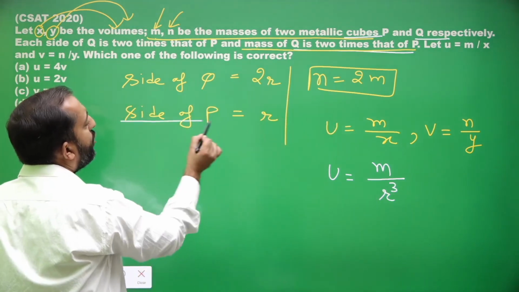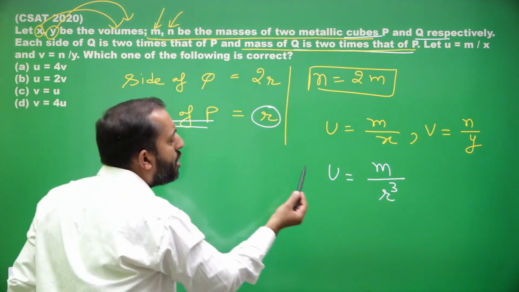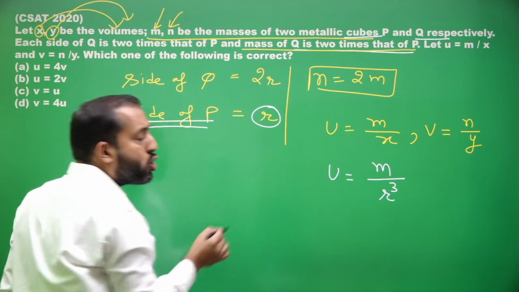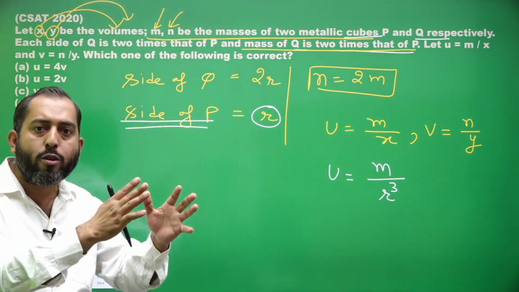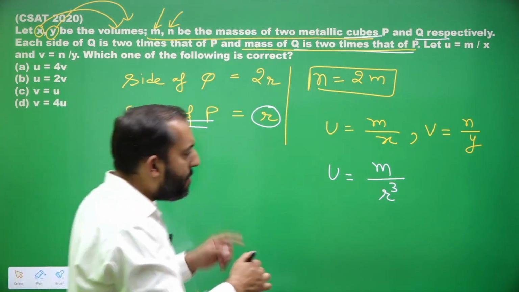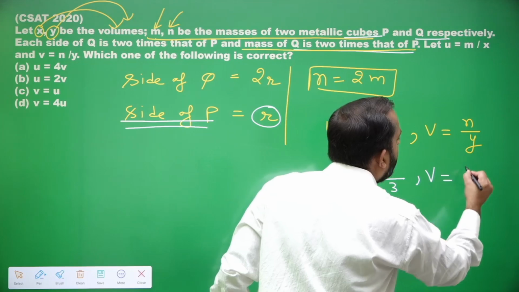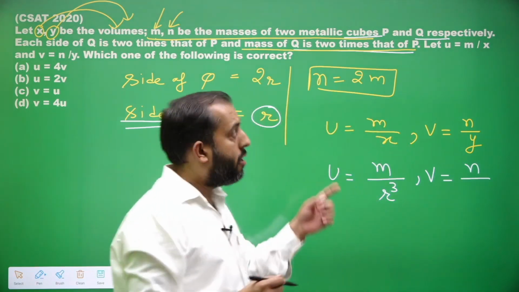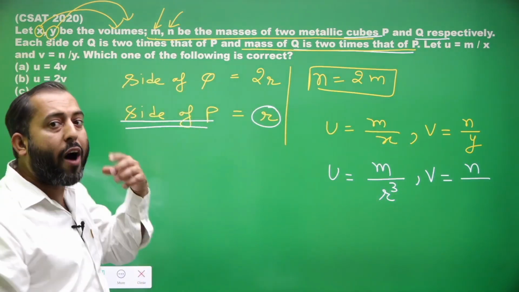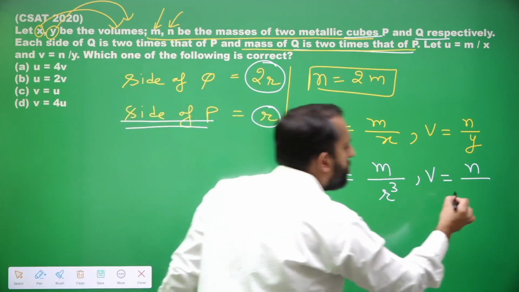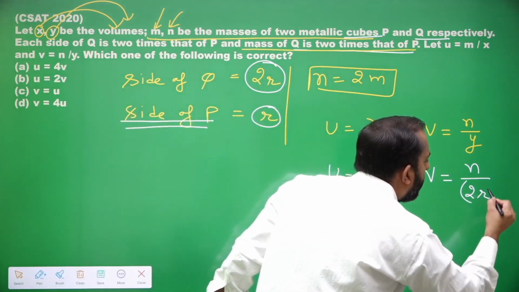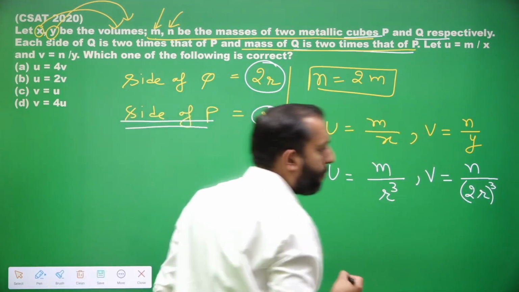Side of P is R, so volume of P, which is X, should be R cube. Volume of any cube is always equal to cube of its side. So similarly, volume of Q is Y. So Y should be equal to cube of its side, which is 2R cube.